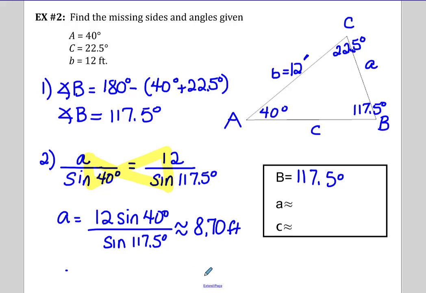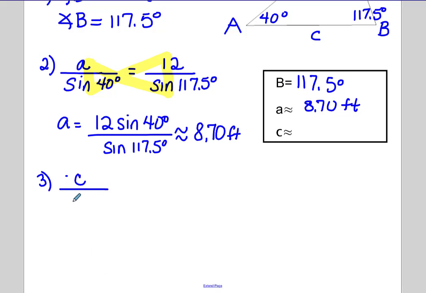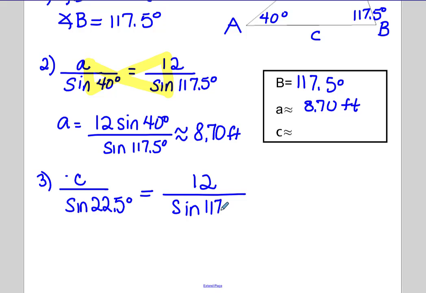And then our last piece of information we need, little c. So little c, our third step, little c is to sine of 22.5 as 12 is to sine of 117.5.